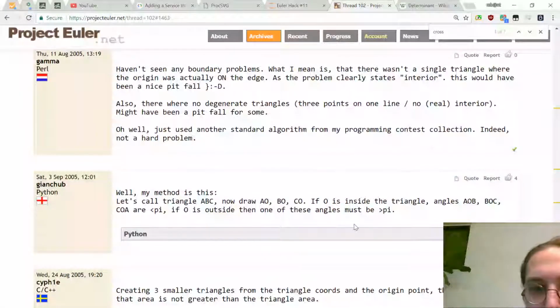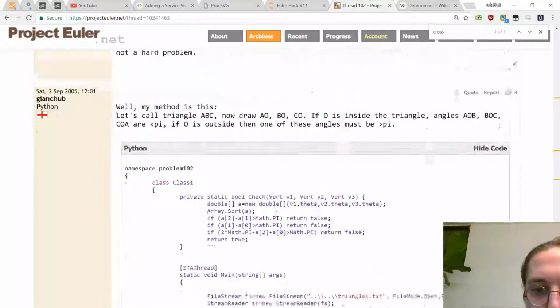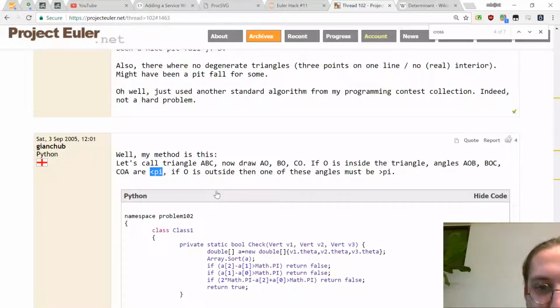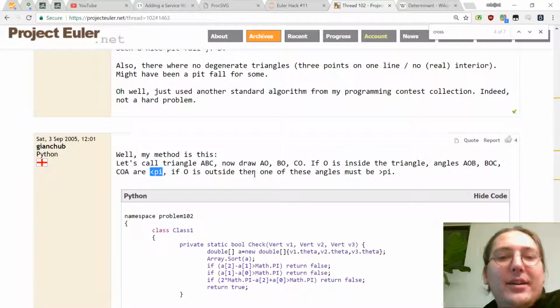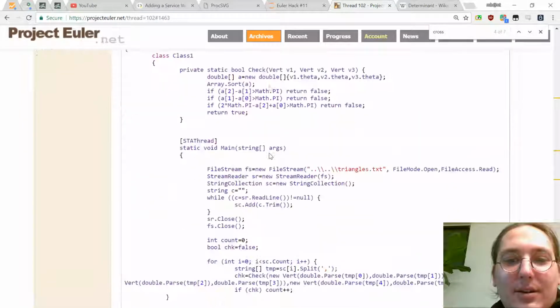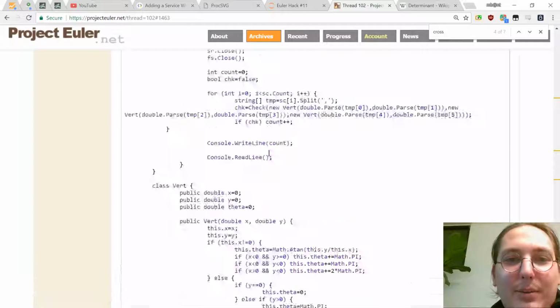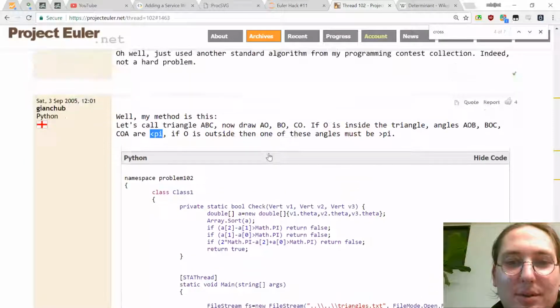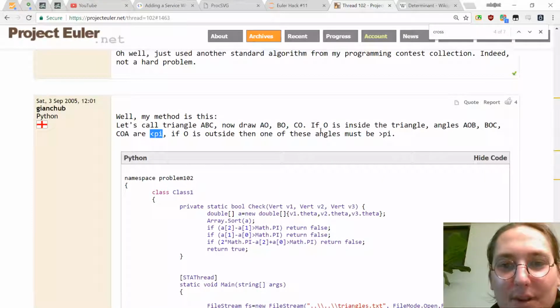Okay, so what do we have here? Angles less than pi. I'm inclined to not even give this consideration, but okay.